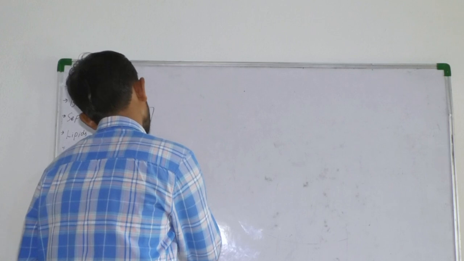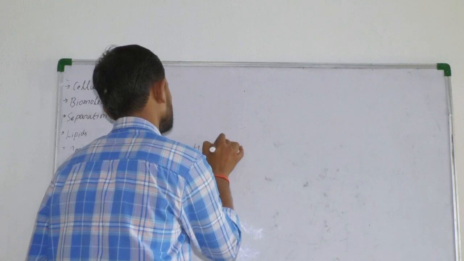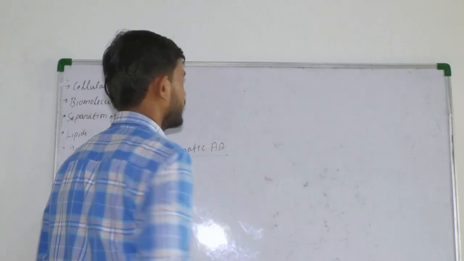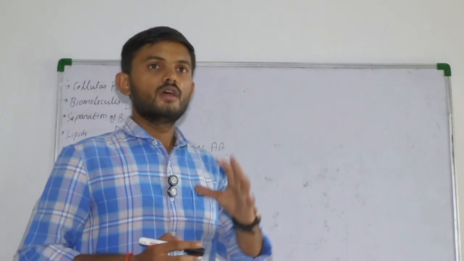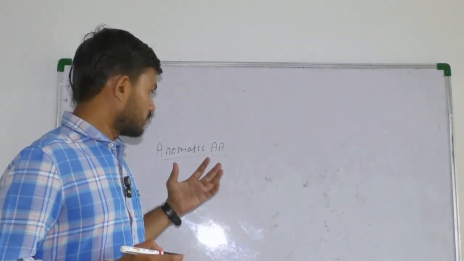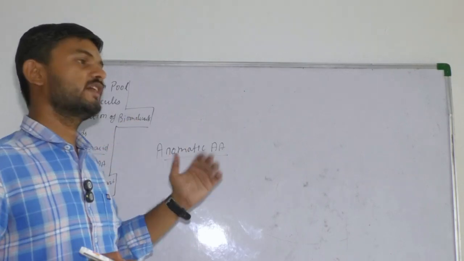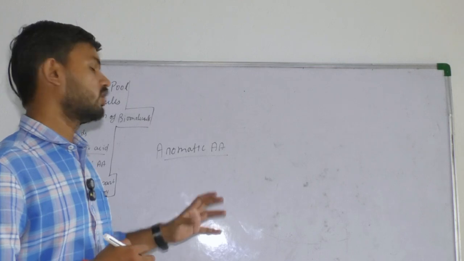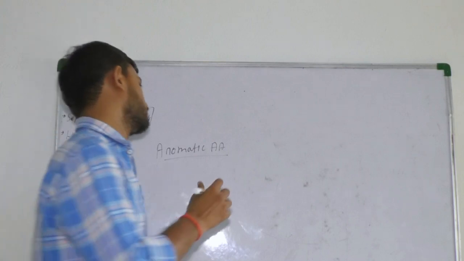Now we know about the aromatic amino acid. So aromatic amino acid are those amino acid in which the R group is attached with an aromatic group. So these are called aromatic amino acid. There are three important aromatic amino acid.